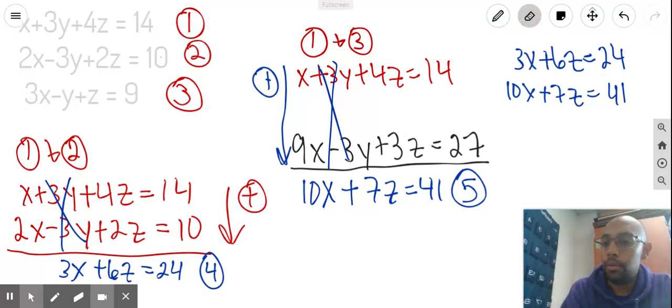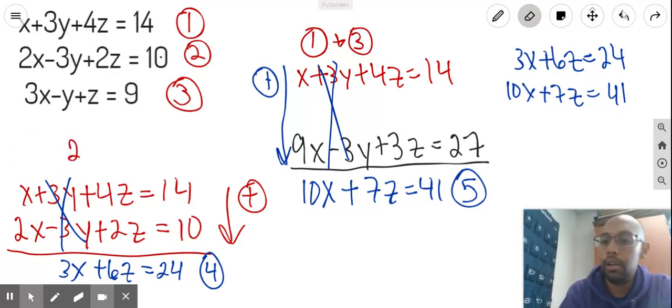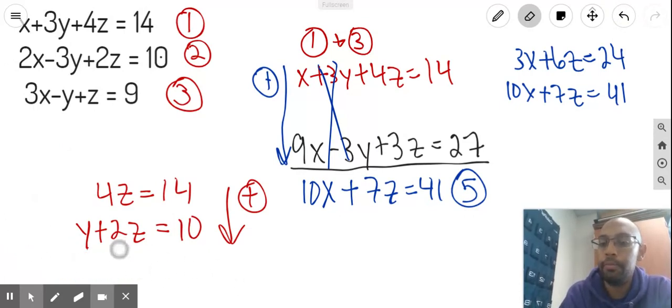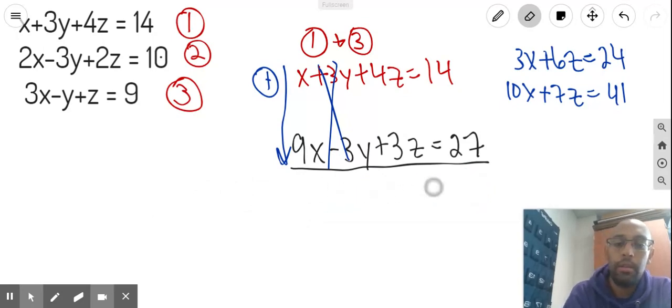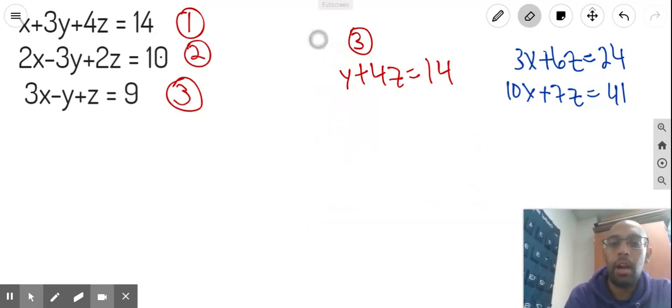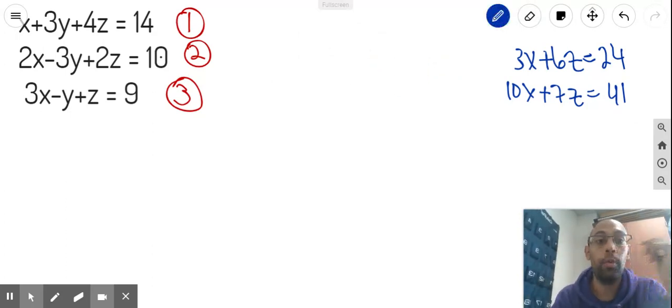I'm going to erase this so I have room. So equations 4 and 5 are there off to the side, and now I need to eliminate a variable, whichever is easiest. And in this case, I'm going to eliminate x.